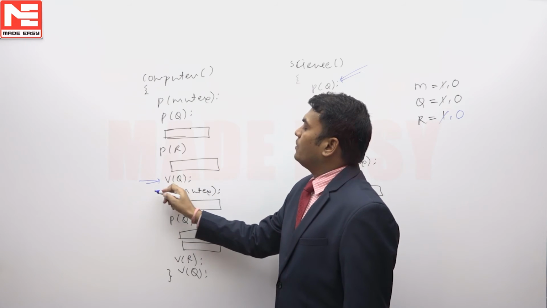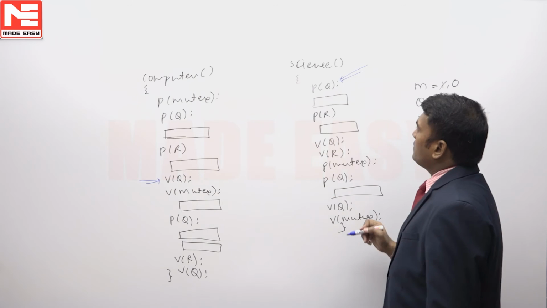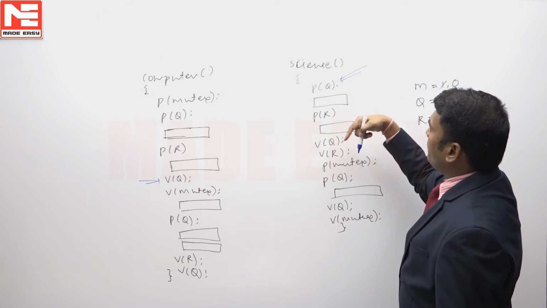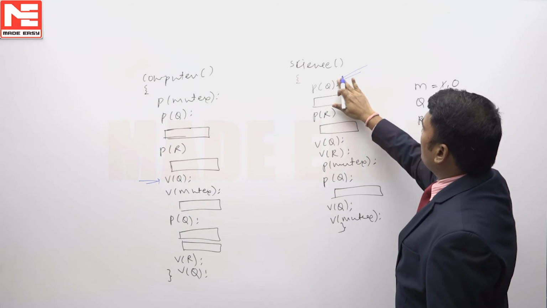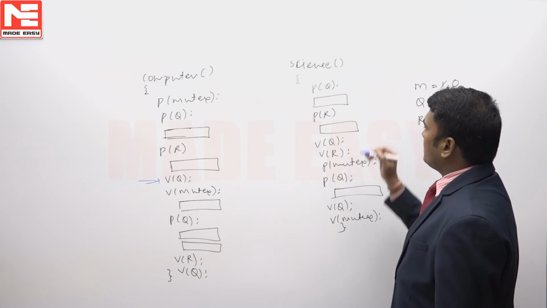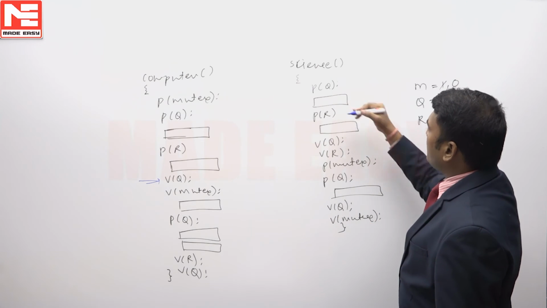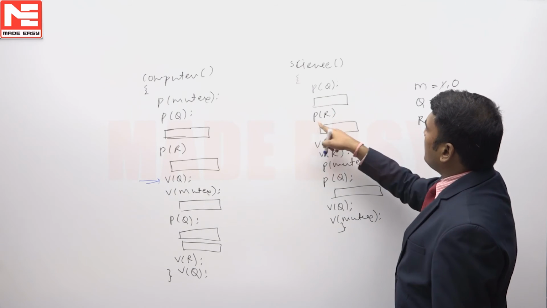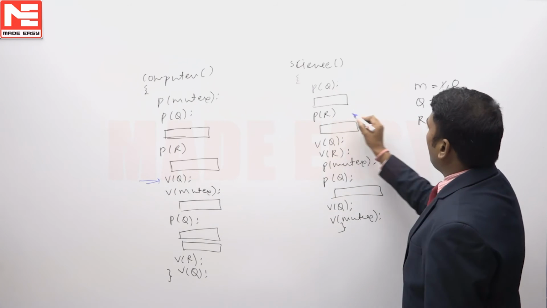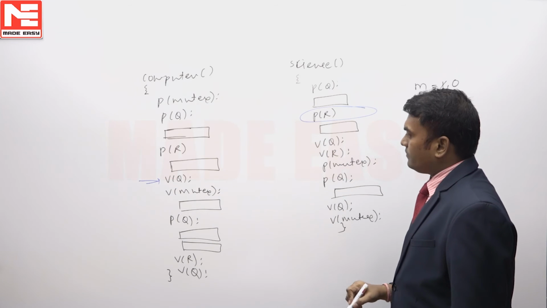On q, the science process is already in the suspended list, so it will wake up and execute the next statement. You say down of r again, and r is also 0, so it is suspended here again.